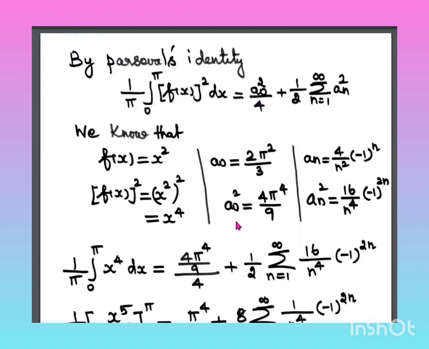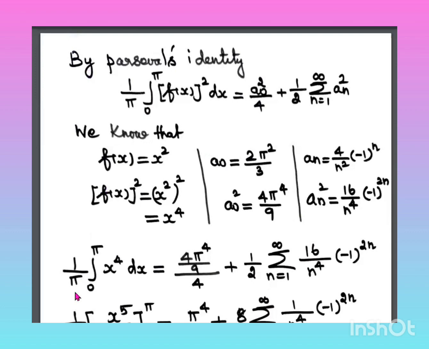So a naught square is 2 pi square by 3 whole square, so 4 pi power 4 divided by 9. an is equal to 4 divided by n square minus 1 power n, so an square is equal to 16 divided by n power 4 minus 1 power 2n.